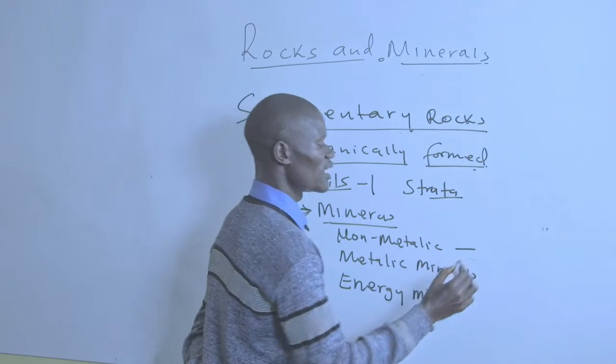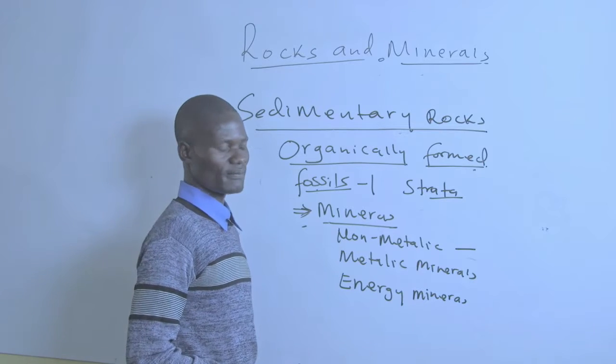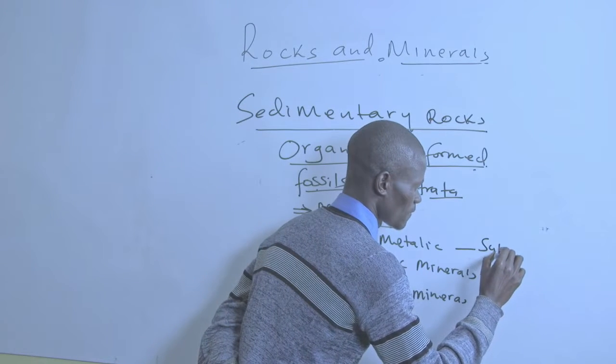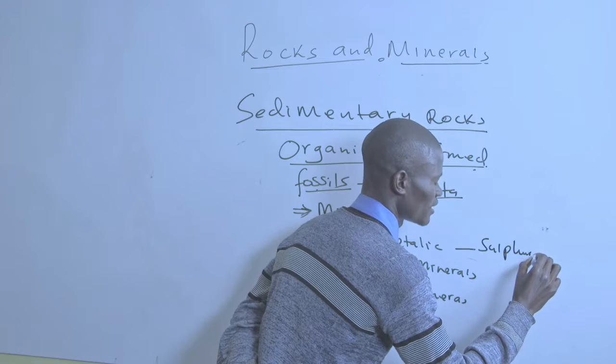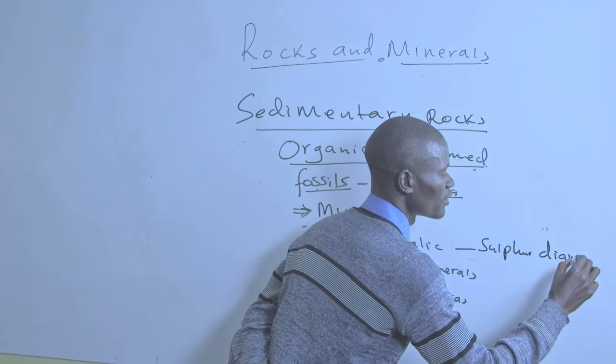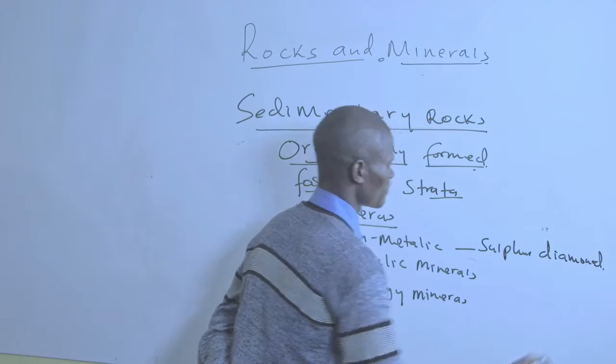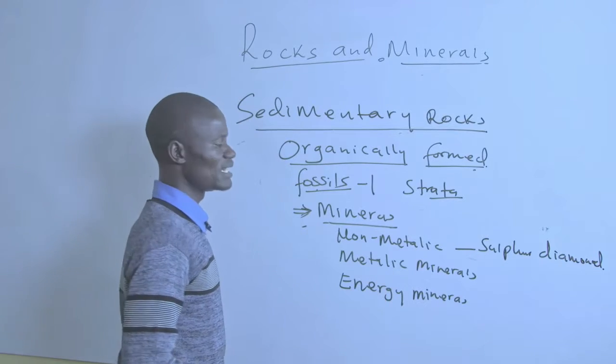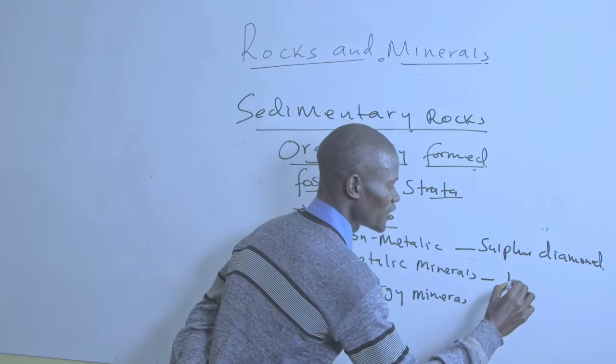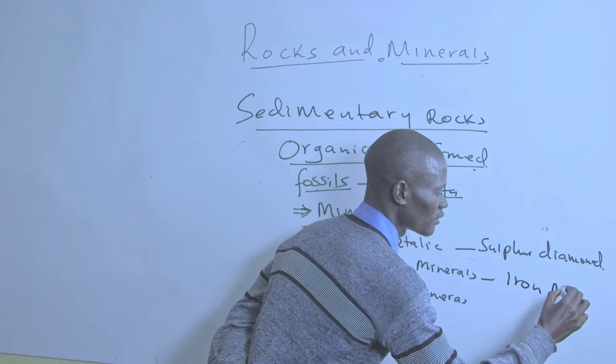Non-metallic minerals, an example is sulfur and diamond. We have the metallic minerals such as iron and nickel.